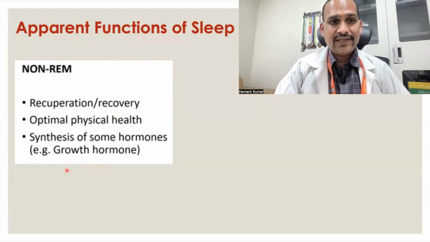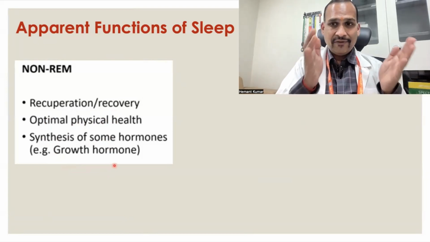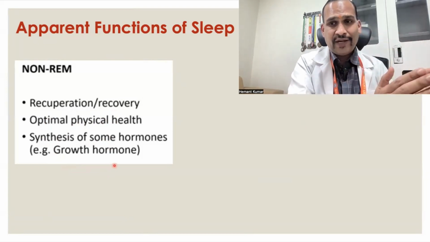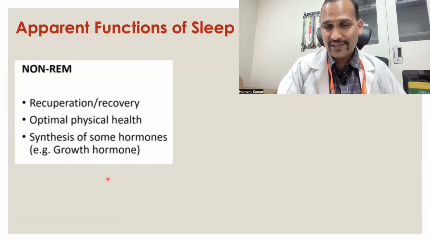Then third, a hormone, the growth hormone, is secreted in non-REM sleep. It means in the first one third of the night when deep sleep is there, maximum growth hormone is there.